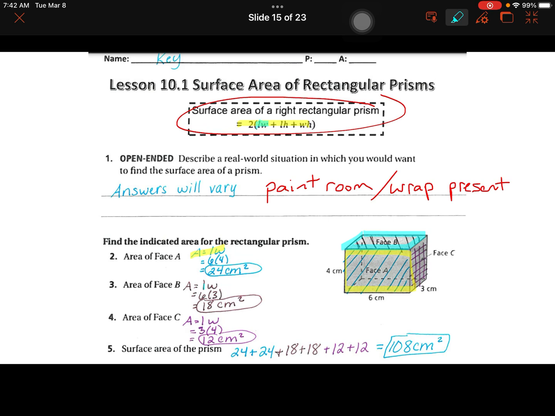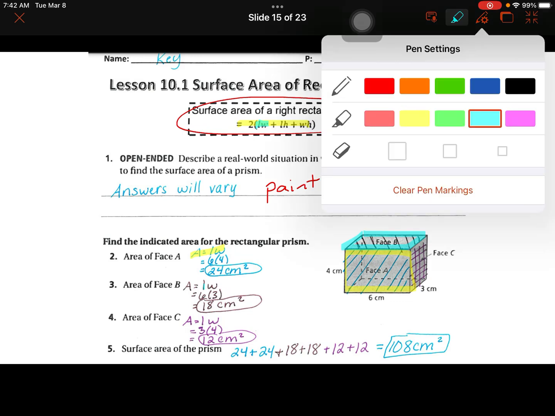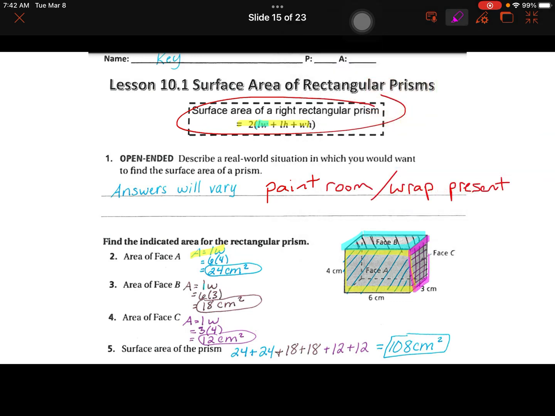So that one matches up with the length and the width, and so that would be the top and the bottom, and then you have face C, which is here on the side, which is 3 and 4, which is 12. And as you notice, we have 3 different sections. So those are the 3 faces, but there are 2 identical faces to each, so you need them in there twice. And so that's why we have in our formula times 2.